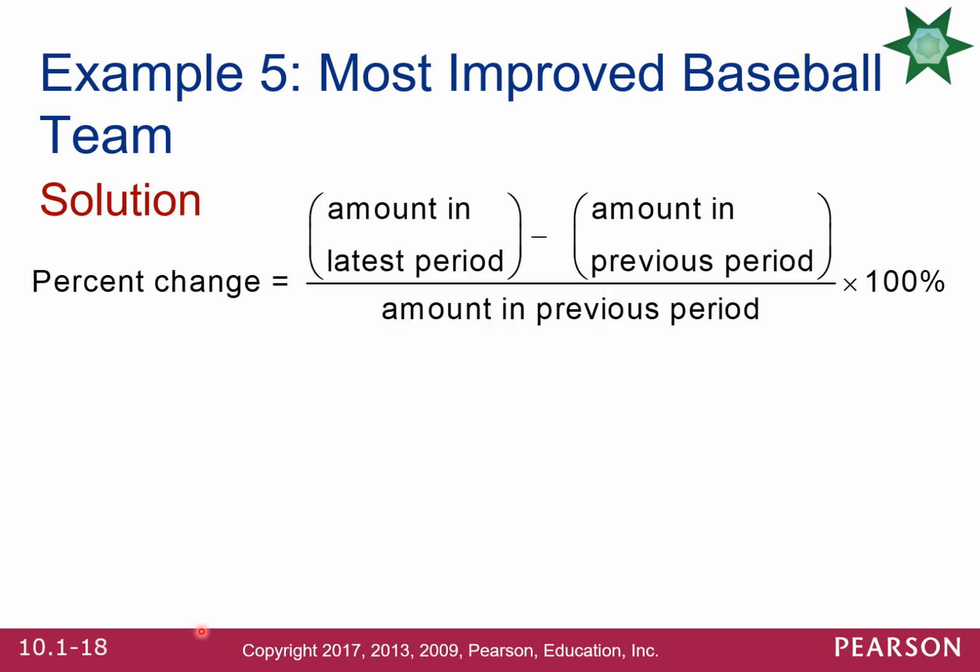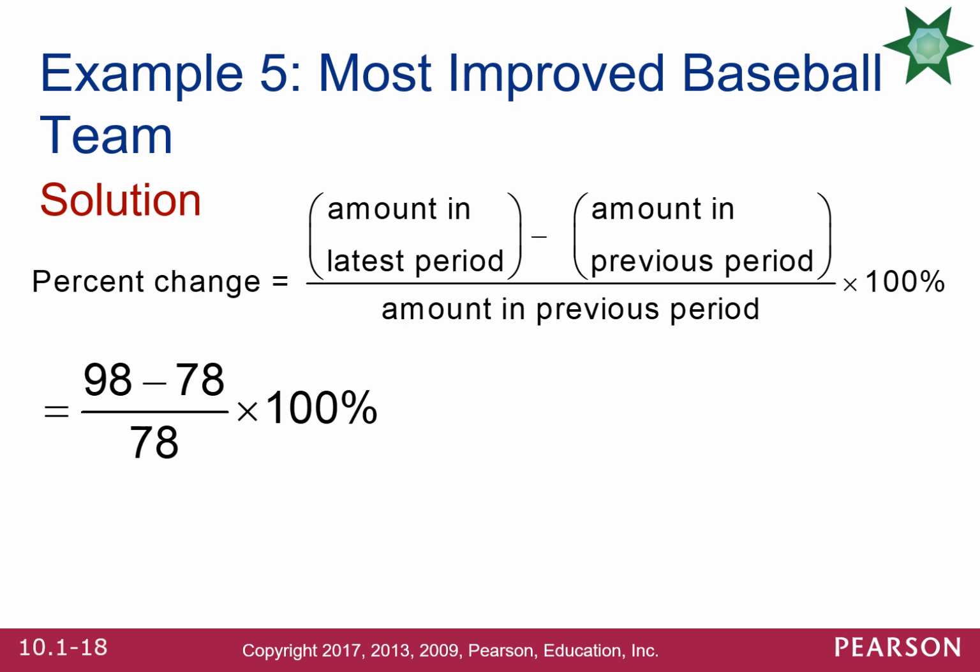All right, so here they're working out the solution. Percent change is calculated by the formula amount in latest period, that is the recent period, minus previous period, over previous period. So 98 was the number of games won recently, minus 78 won in the previous year, divided by 78.